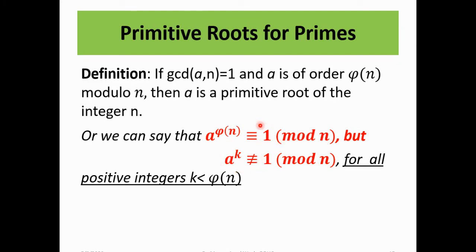Any k less than phi n should not give us 1 under modulo n. So primitive root is defined like this: a to the power phi n is congruent to 1 modulo n, but a to the power k is not congruent to 1 modulo n for all positive integers k less than phi n. So this is primitive root for primes.